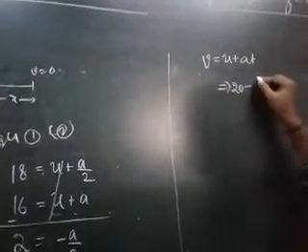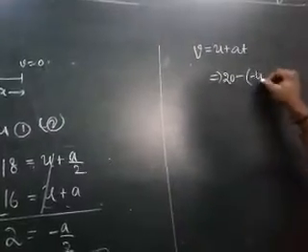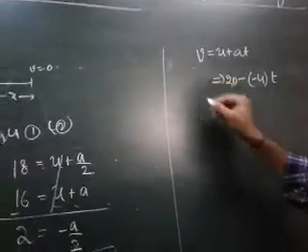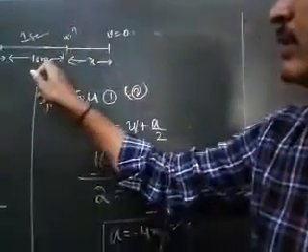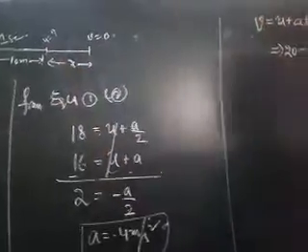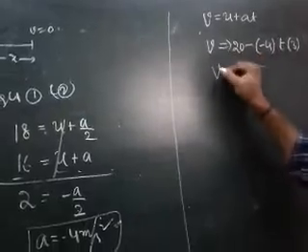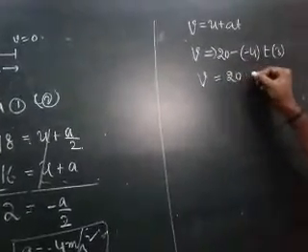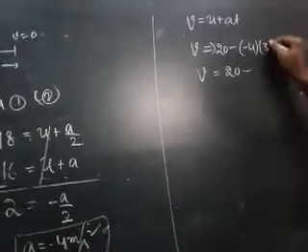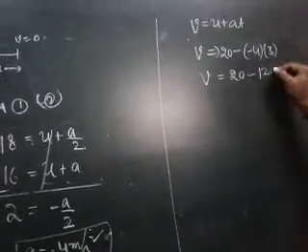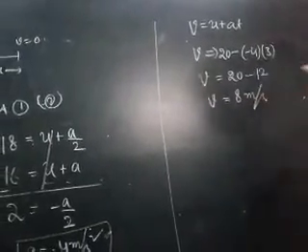Then acceleration a is minus 4, into time t, and the time interval is 3 seconds. Then velocity v is equal to 20 minus 4 into 3, which is 12, so v is equal to 8 meter per second.